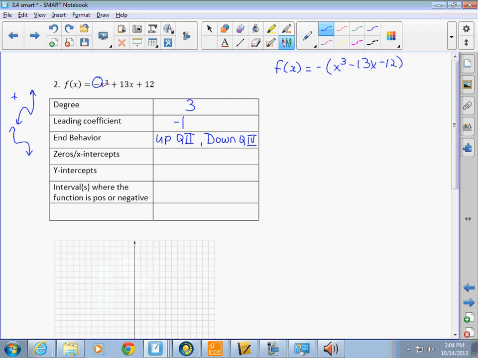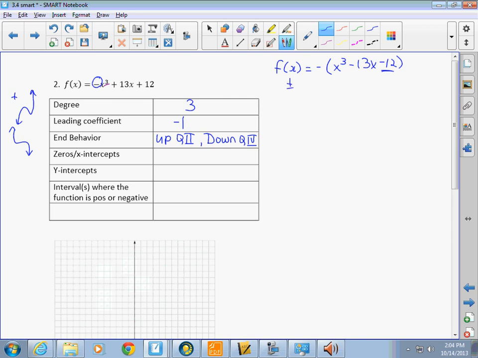Okay, so now I use my zero integral theorem and my factor theorem. So I list all of my factors of negative 12.